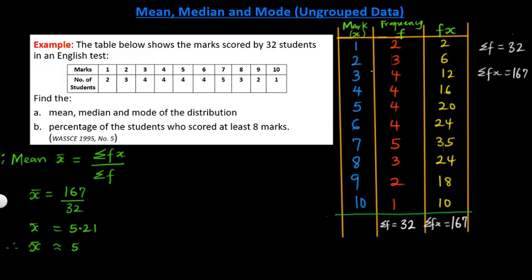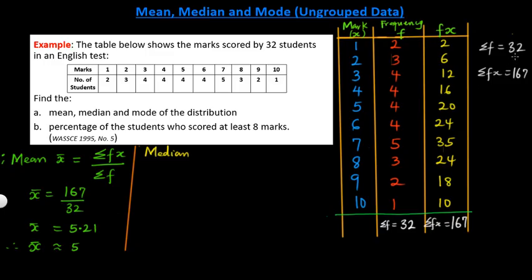The next for us is to determine the median. Remember, we say it is the middle number when the set of values are rearranged in the order of size. Interestingly, this has been arranged in the order of size from here.